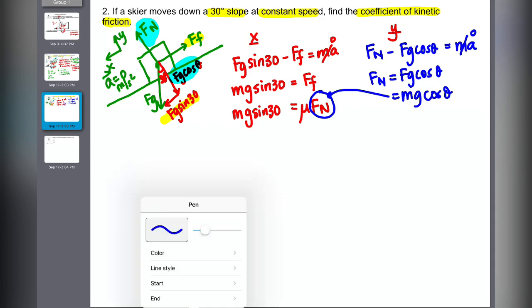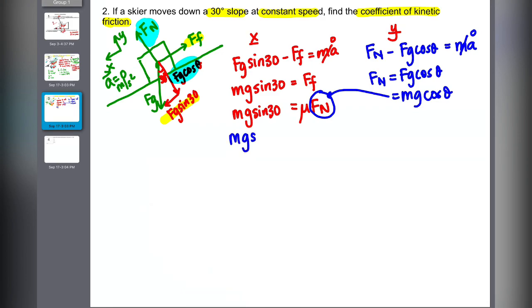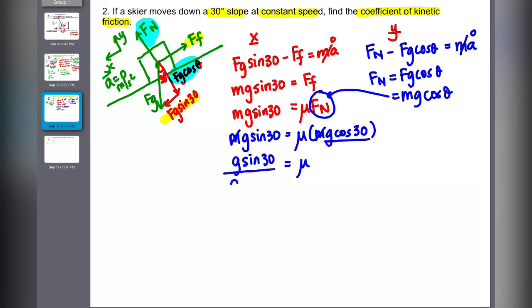Now take this and sub it into the FN, and we will see that it's mg sine 30 equals mu mg cos 30. M and M cancel with each other, so for mu, bring the g cos 30 to the other side.